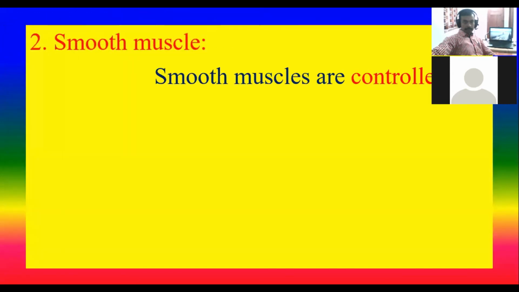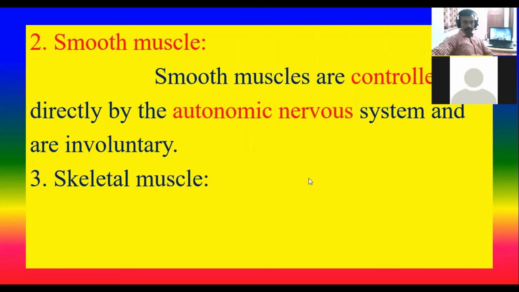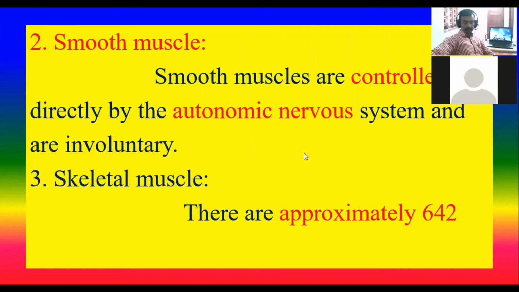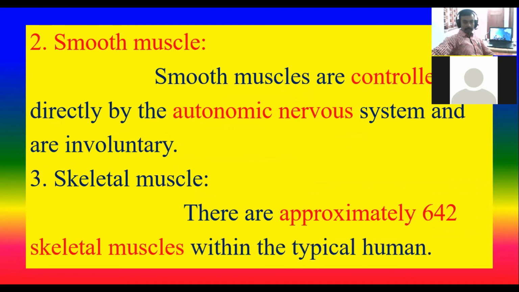Then smooth muscles, also controlled by the autonomic nervous system. And skeletal muscle, which is voluntary. There are approximately 642 skeletal muscles in a typical human body.